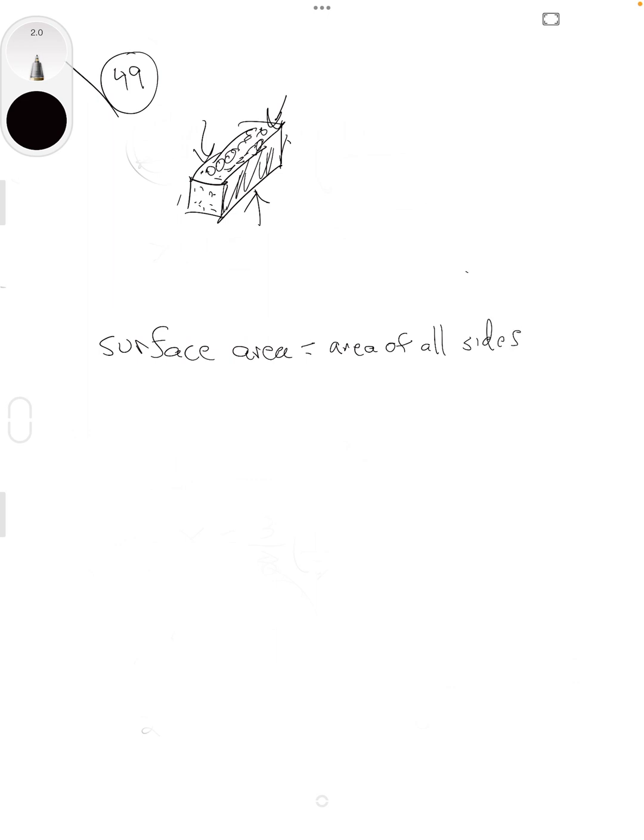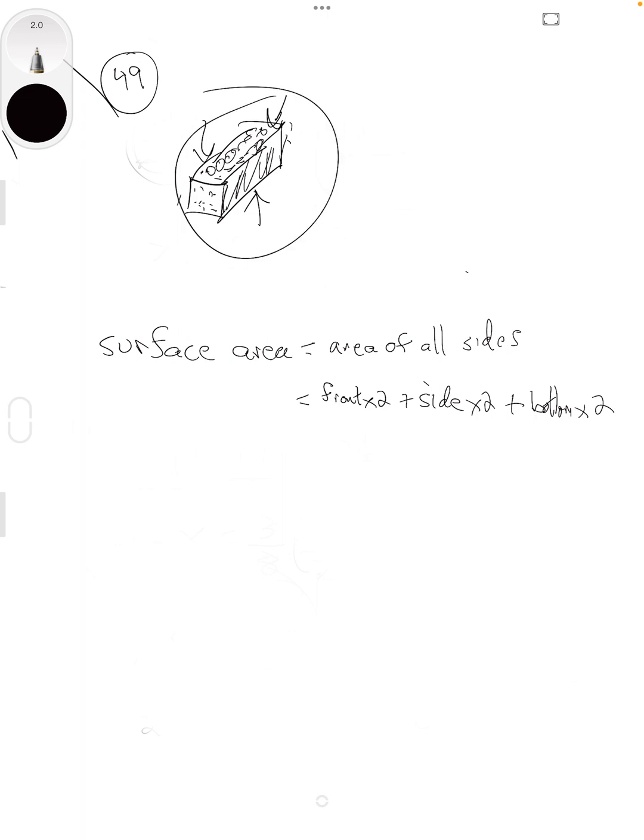That's all there is to it. Now, in this case, this would be the area of the front and the back. So I'll just say the front times 2, plus the area of the side times 2, plus the area of the bottom or the top times 2. That's of a regular box kind of thing.